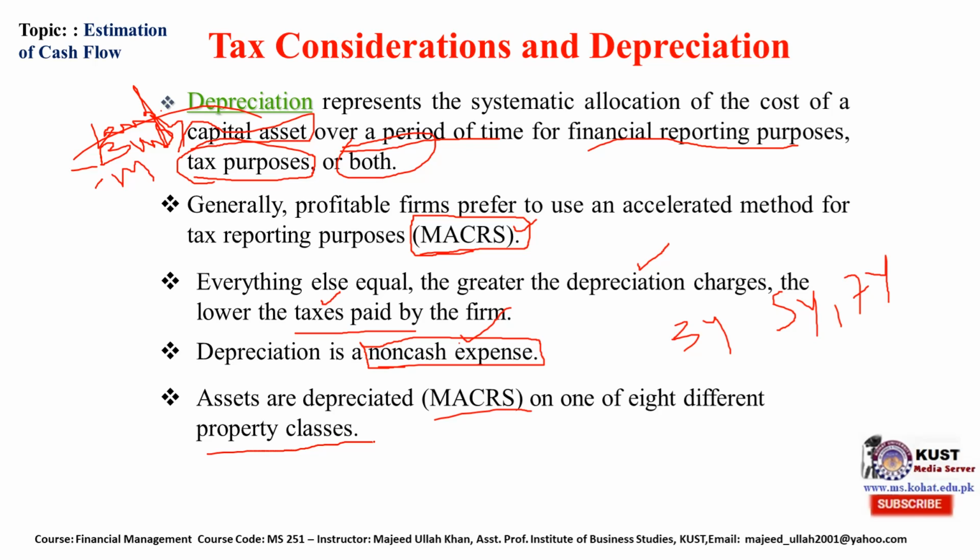When a company purchases any asset, the tax department decides which class it falls in, so it is easily identifiable whether my asset falls in the 3-year, 5-year or 7-year property class.